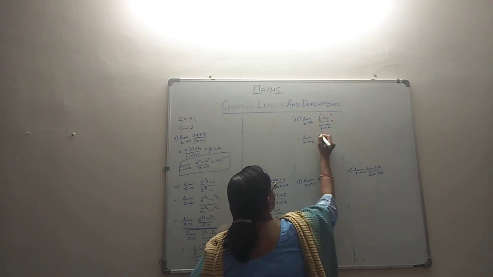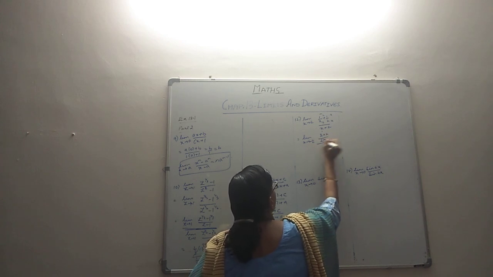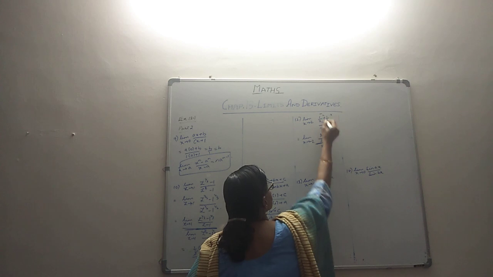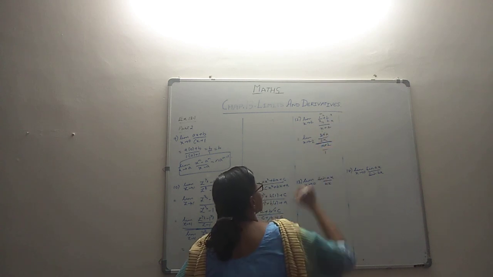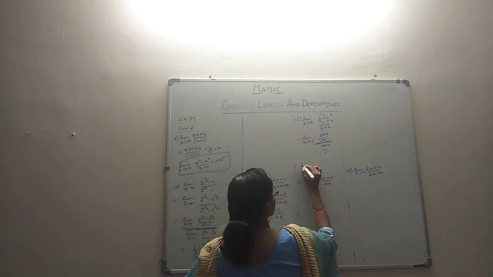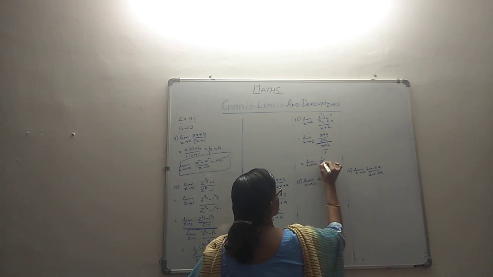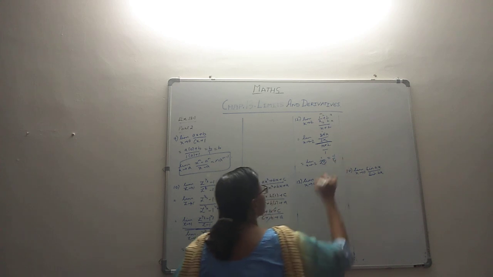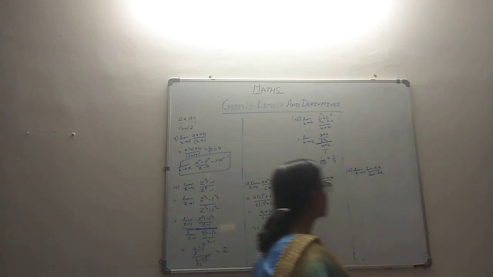So 2 plus x, which is x plus 2, into 2x whole by x plus 2. We have equalized it. Now numerator we know can cancel, and denominator then has to be sorted out. So what are we left with? We are left with limit as x tends to minus 2, 1 by 2x. That's what we are left with, and 2x is minus 2, so minus 1 by 4. I feel like just verifying the answer. Yeah, minus 1 by 4.